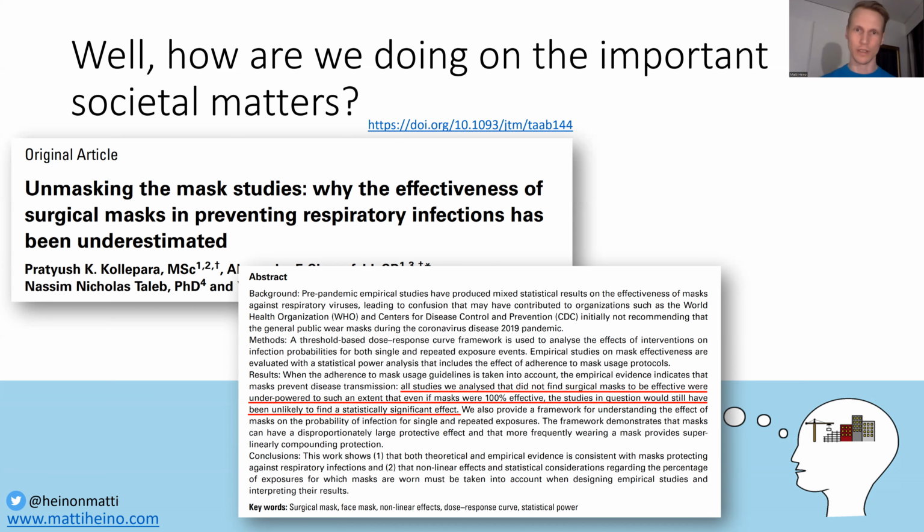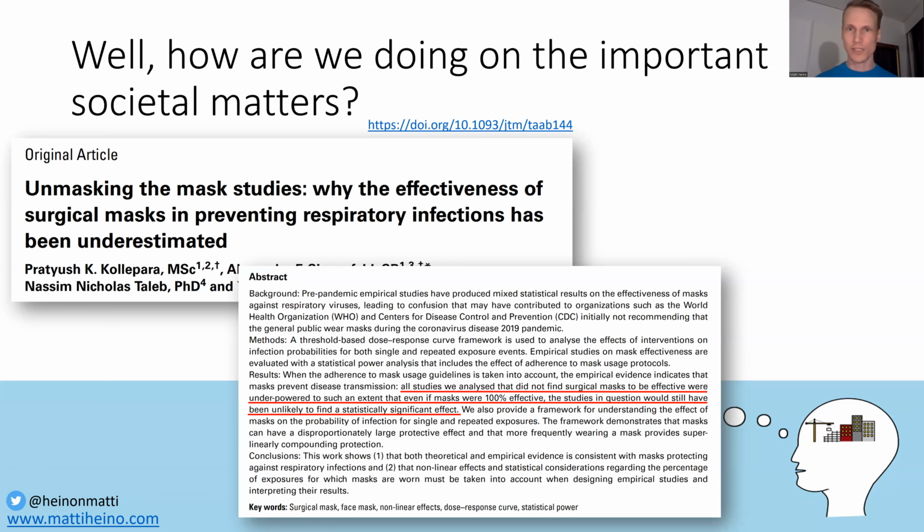In Europe we call them FFP2 or FFP3 masks, or respirators. So we have the physics, and an epidemiology study cannot disprove physics any more than a psychology study can disprove physics with extrasensory perception or precognition that we spoke about in the beginning of week 1 of this course.